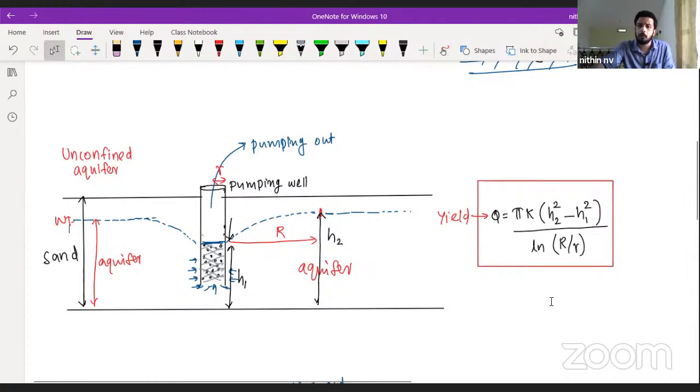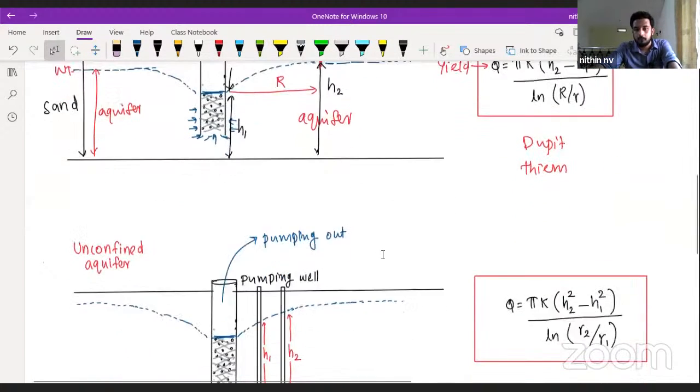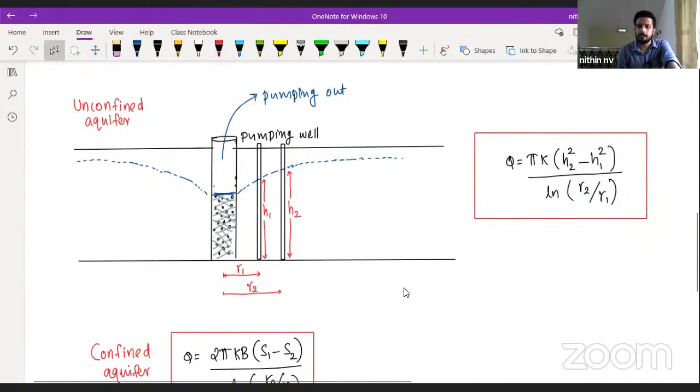Now, suppose you don't know the value of capital R, the radius of influence. Practically it is difficult to identify. So another scientist, Thiem, contributed along with Dupuit. What Thiem has told is, if you are using some observation wells in between, we can take H1, H2 in those piezometers, or observation wells, and take the corresponding values as H1, H2.